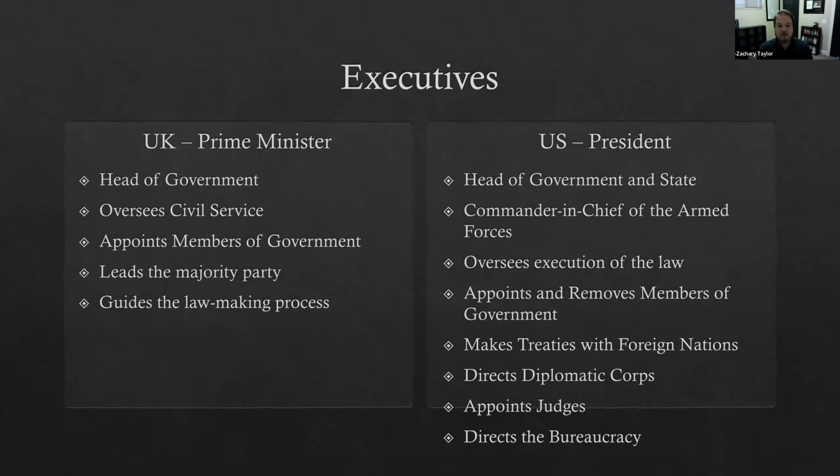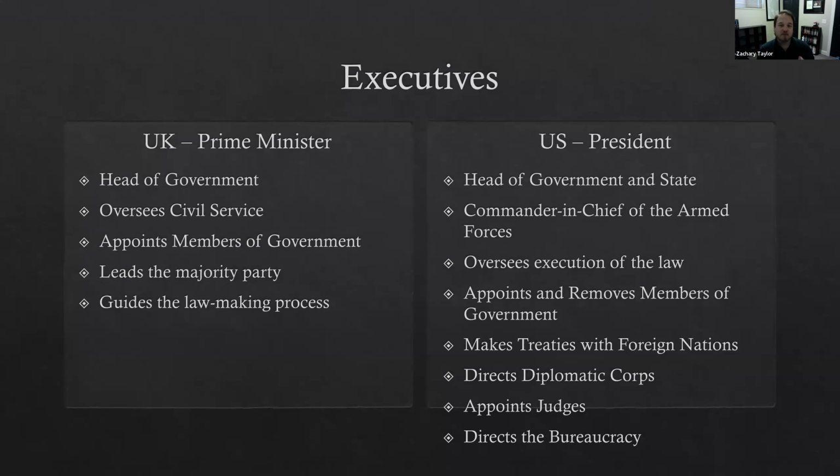So in the UK, the head of government is the prime minister. The prime minister still has some of those significant powers, as you can see here, overseeing the civil service. The bureaucracy of a country is immense, and that is something that both of our executives here functionally do.